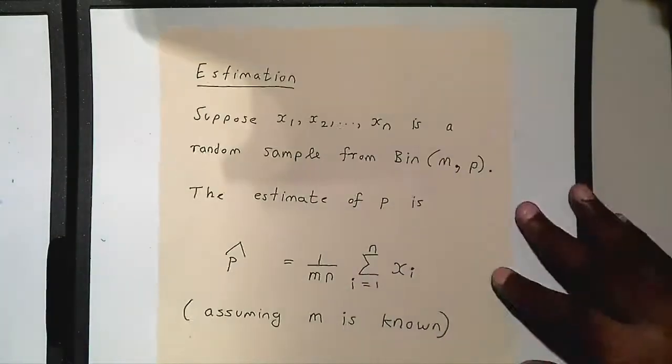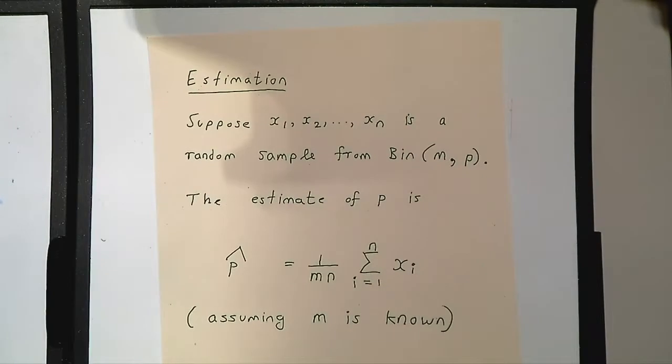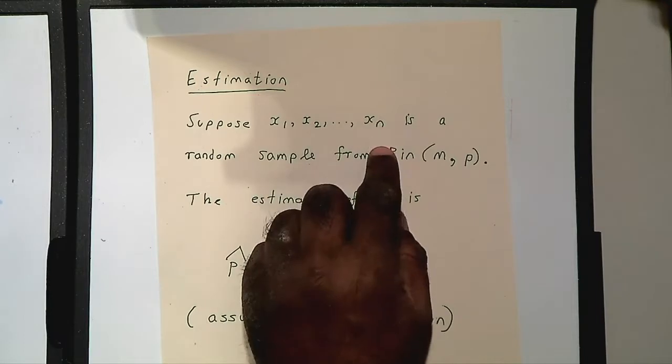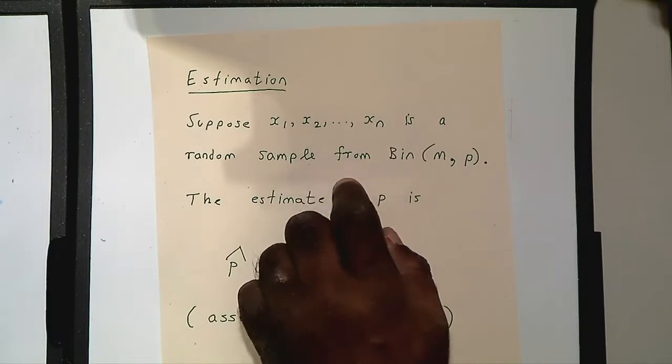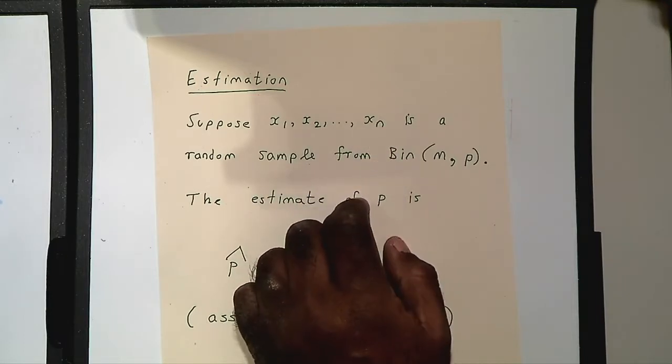And this is estimation, right? If you have a random sample from a binomial distribution, this random sample could represent, for example, the number of times you get a head.